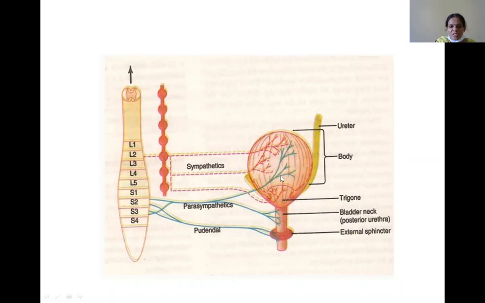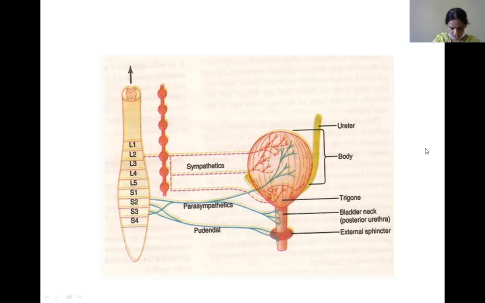Micturition is a voluntary act. Whenever you want to void, relaxation of the external sphincter also has to take place. That information is passed by the corticospinal tracts. So it is modified by the higher centers in the pons as well as the midbrain.